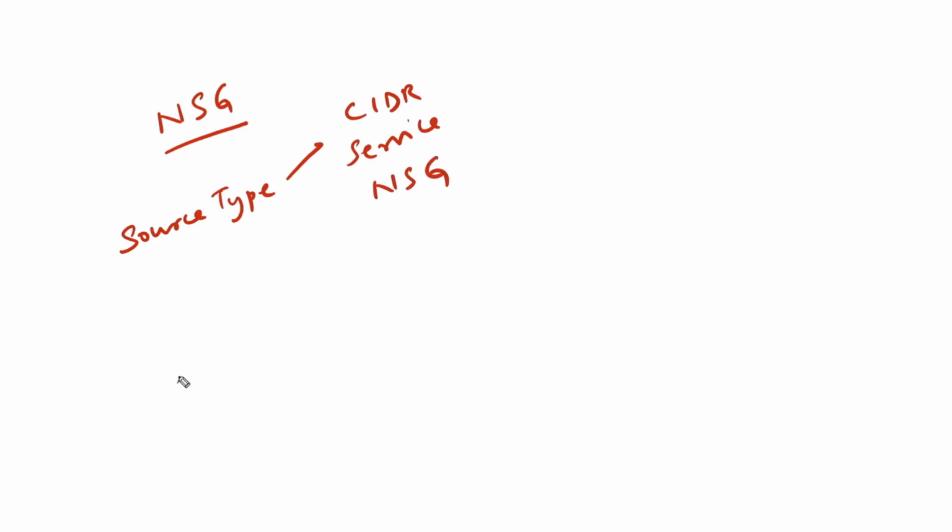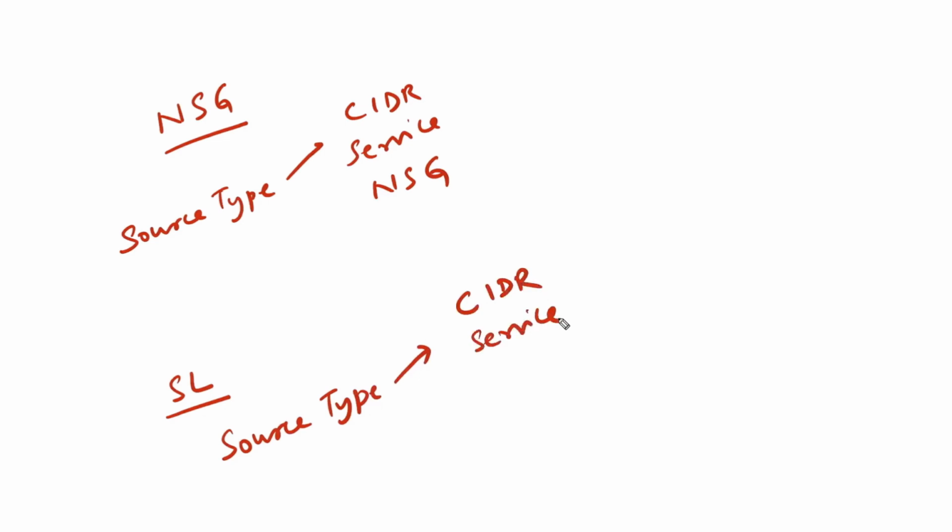But in case of a security list, what are the source types that are possible? You can have CIDR, you can have service, but you don't have a security list. This is also one of the key differences between network security group and security list.